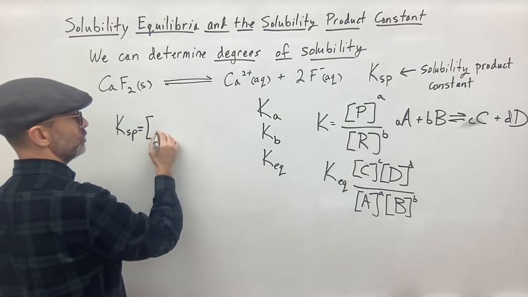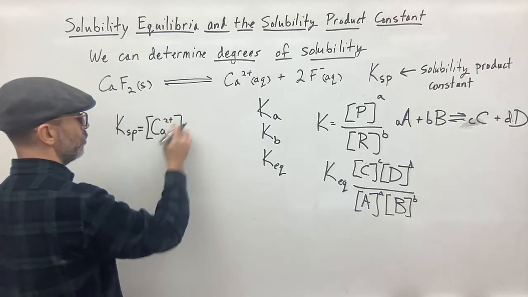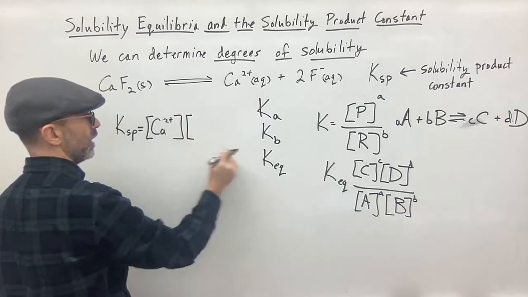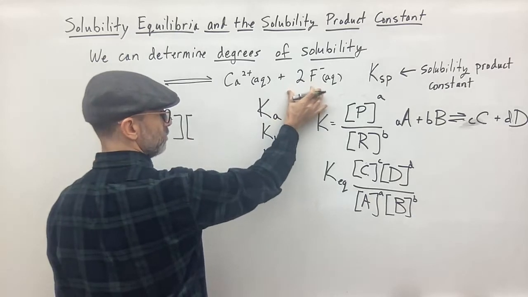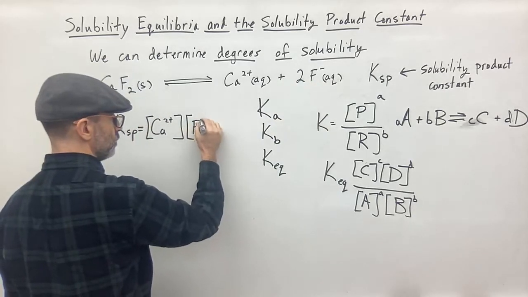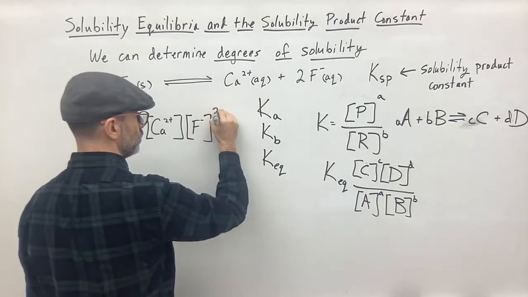So it's going to be the concentration of Ca2+ raised to the power of its coefficient, which is 1, multiplied by the concentration of the fluoride ion, raised to the power of its coefficient, which is 2.